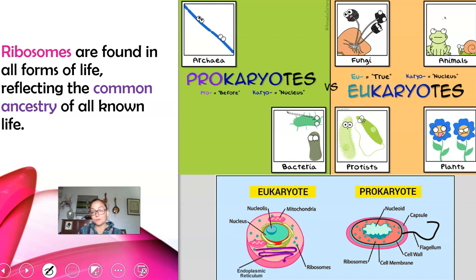However, those ribosomes in prokaryotes are a slightly smaller size, but they function the same. The cool thing I want to point out is that mitochondria and chloroplasts have their own ribosomes, and that's because mitochondria and chloroplasts evolved from ancient prokaryotes millions of years ago.